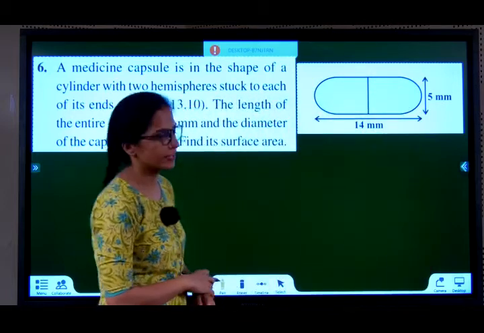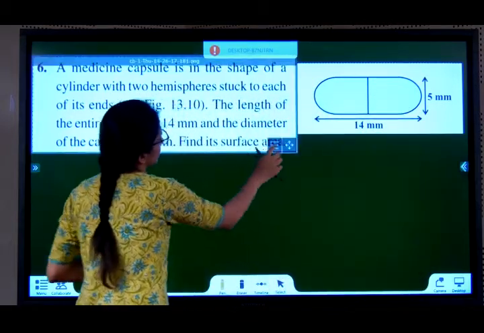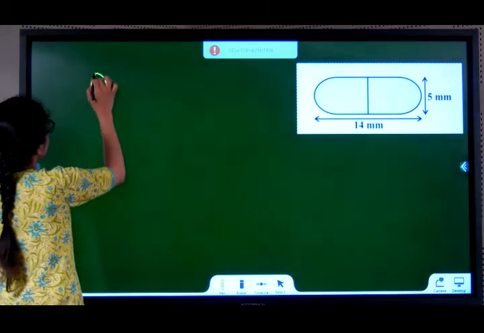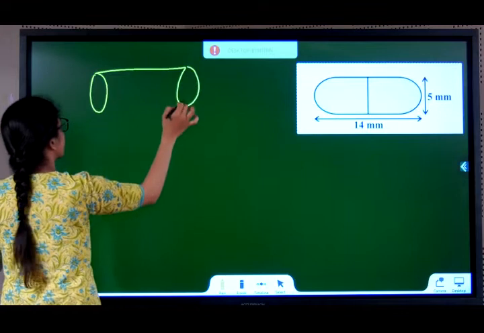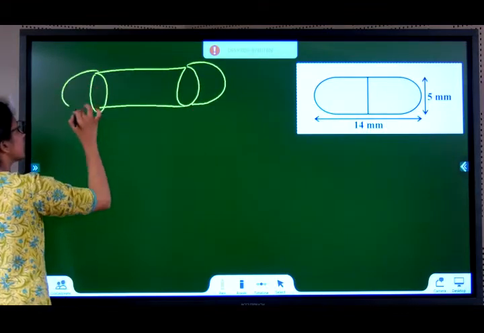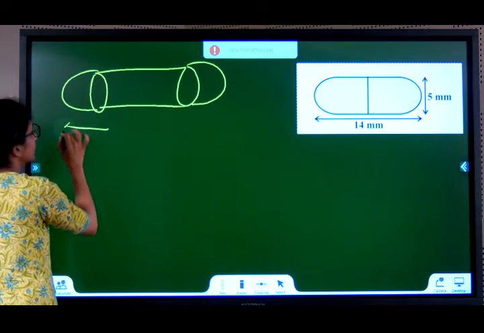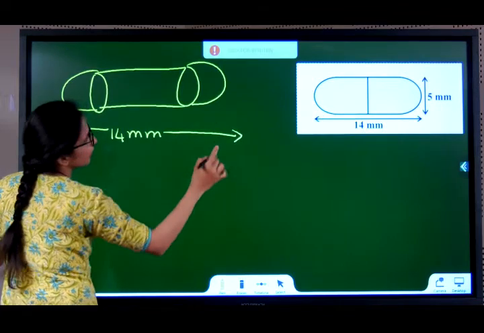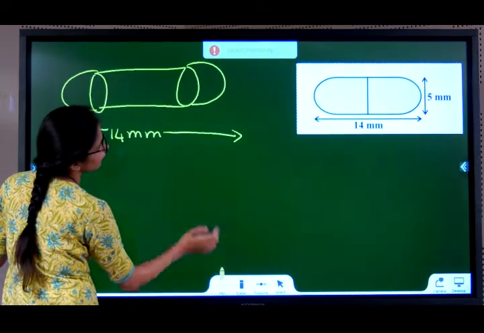Find the surface area. If I redraw this question, I have a cylinder and I have two hemispheres attached. Entire length is 14 millimeters. Diameter is 5 millimeters.